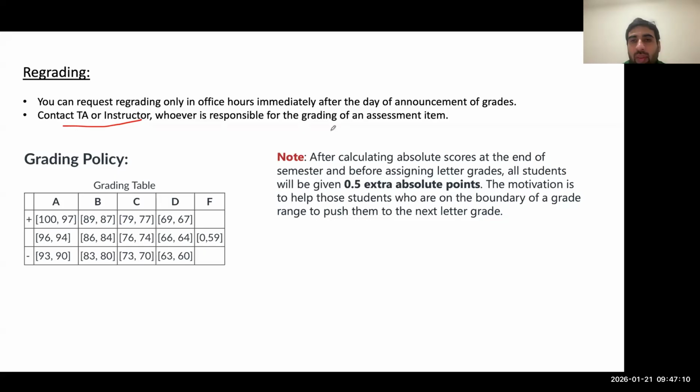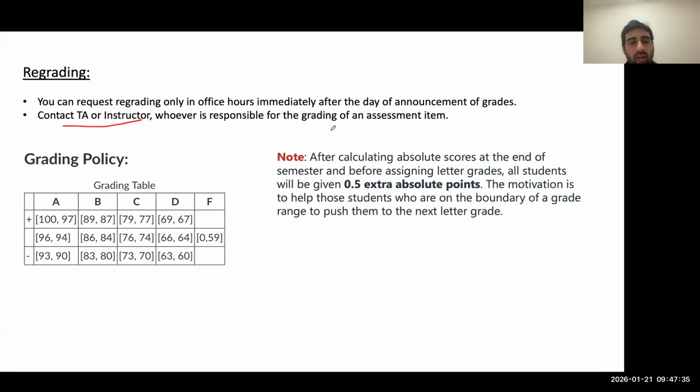So, I just want to make something clear here. Before assigning the letter grades, after calculating the absolute scores earned by each student, I will give 0.5 extra absolute point to everyone. The reason is that I just want to help those students who are on the boundary.